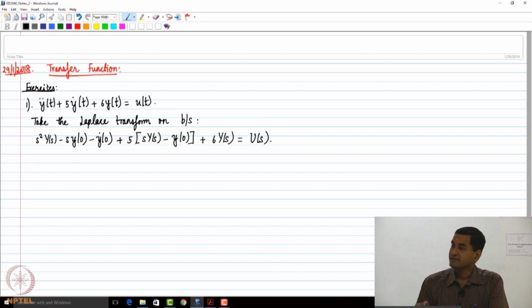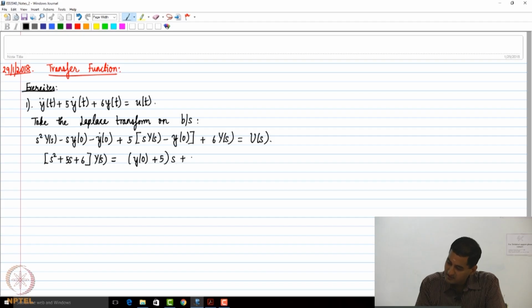So we collect terms, and we will get s squared plus 5s plus 6 times y of s, equal to, let me do it carefully, y0 plus 5s plus y dot 0.